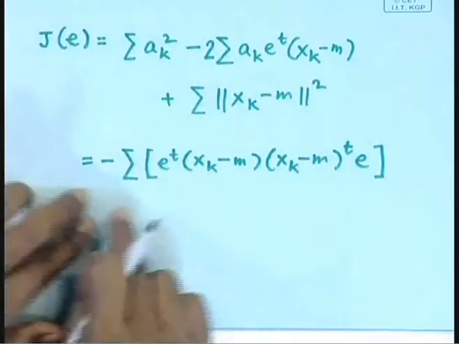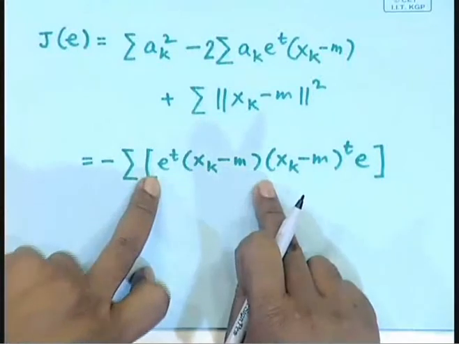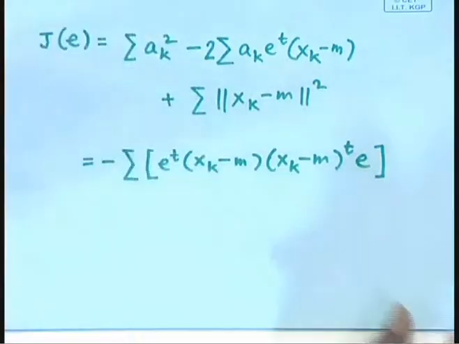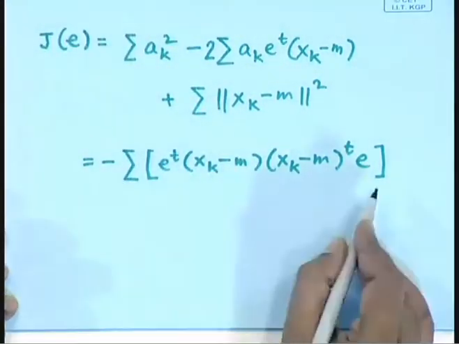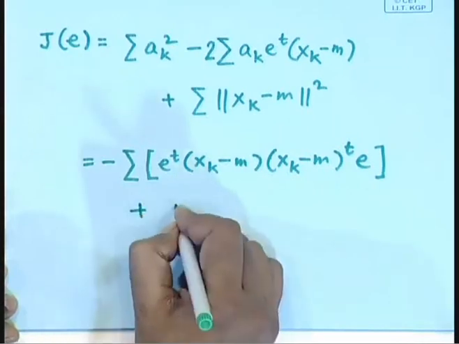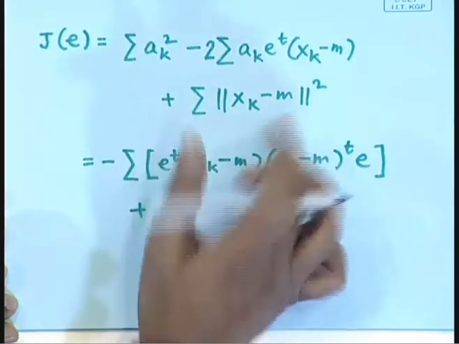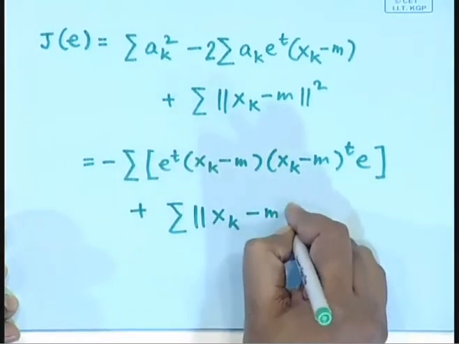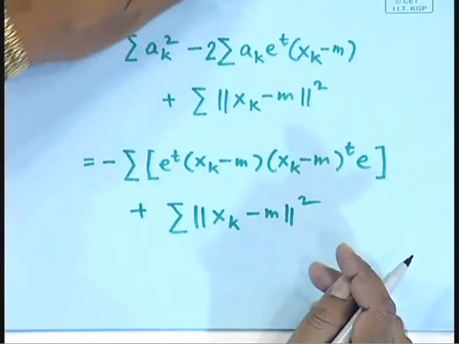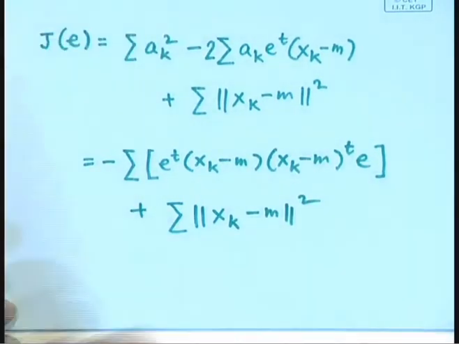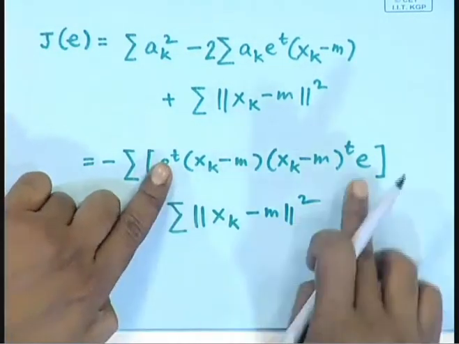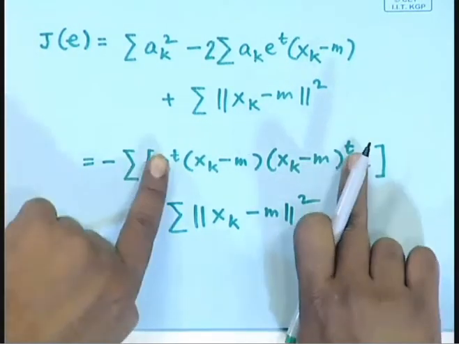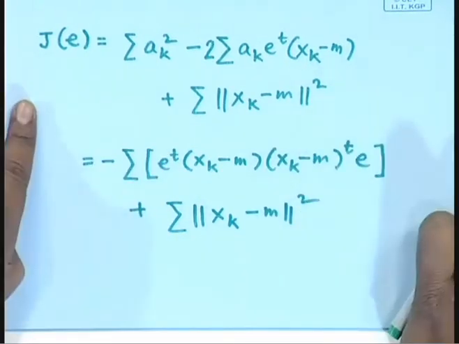If I break that, I can write this as E transpose x k minus m into x k minus m transpose E. It is in the matrix expression, it is the same. Okay. So, plus the other term remains as it is, sum of x k minus m square. Now, this E is independent of k. So, these E terms I can take out of the summation expression.